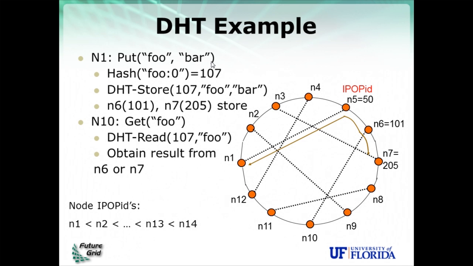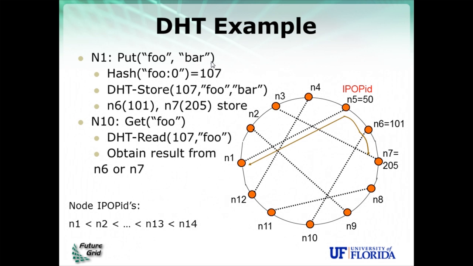And again, recall that these identifiers are ordered in ascending order. So once you look up the value that's immediately smaller than 107 and immediately larger, you know that you can stop routing this message and can store the information on these few nodes.